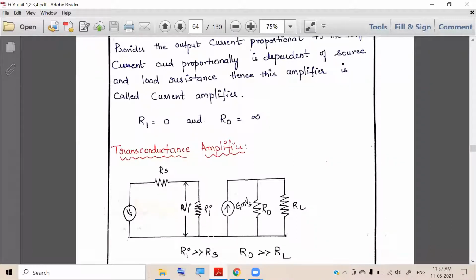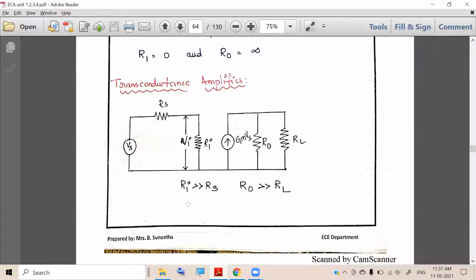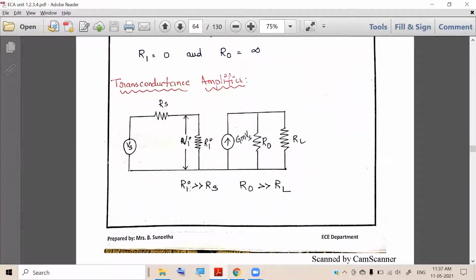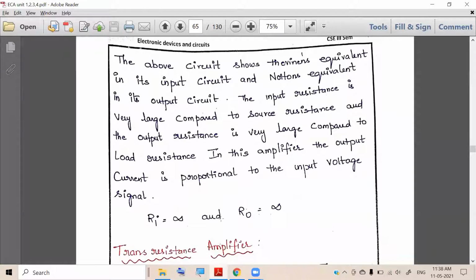The components are Ri, GM VI, Ro, and the VI is shown here. Preferably Ri has to be much greater, Ro also much greater. So in the ideal case, both of them have to be infinite.